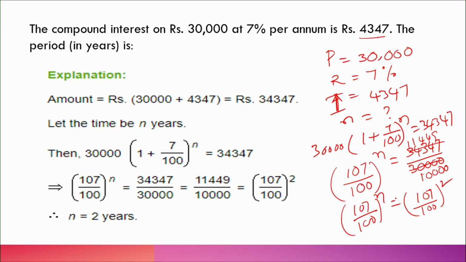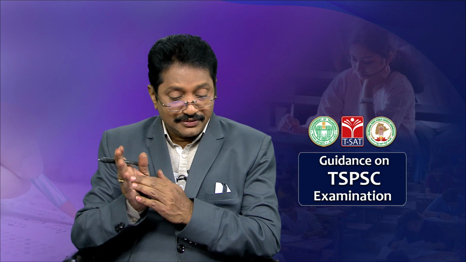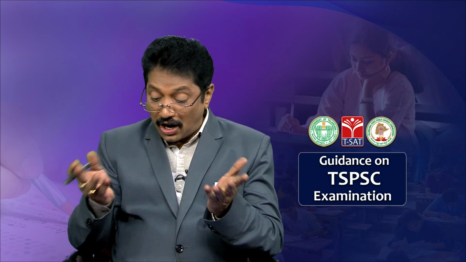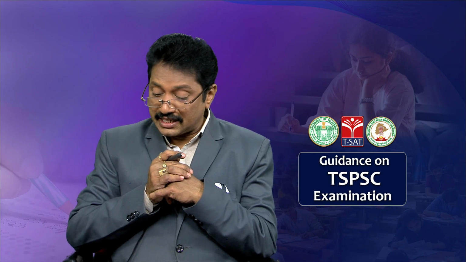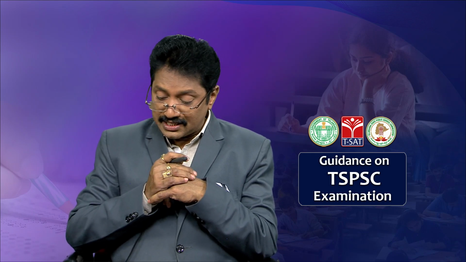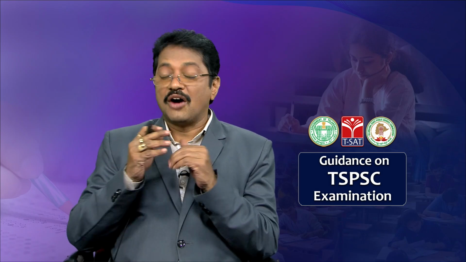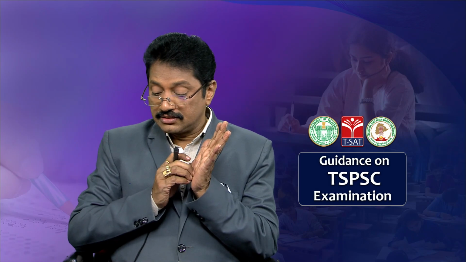Here most of you have a doubt. Sir, we feel difficulty calculating square roots, because how are we going to identify that 11,449 is a perfect square when we divide 34,347? How are we going to find its square root?